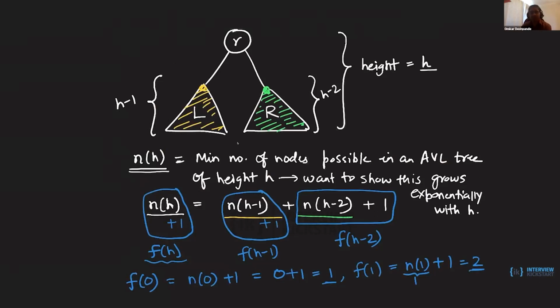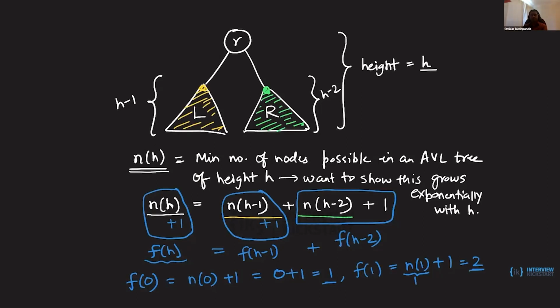Shobit? Yeah, hi Omkar. So just wanted to confirm that whatever discussion we are doing, it is for binary search tree and not a general binary tree, or is it common to both? You can think of an AVL tree structure even if the tree was not a search tree.